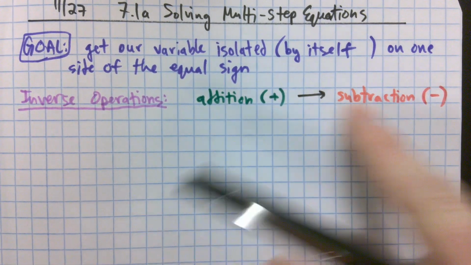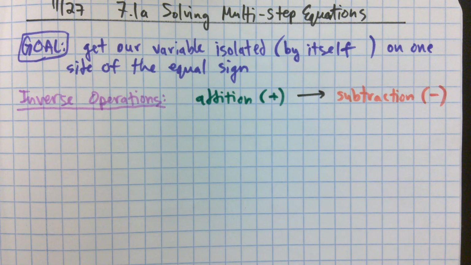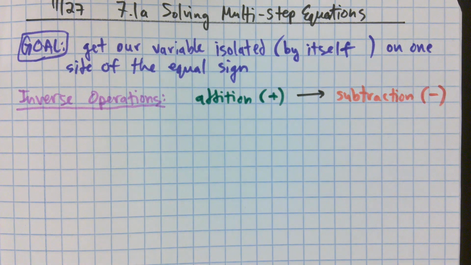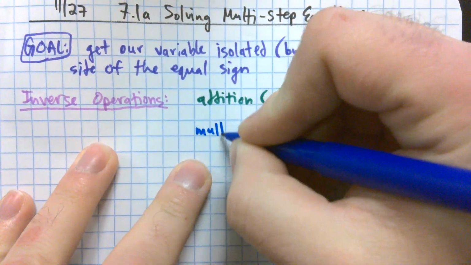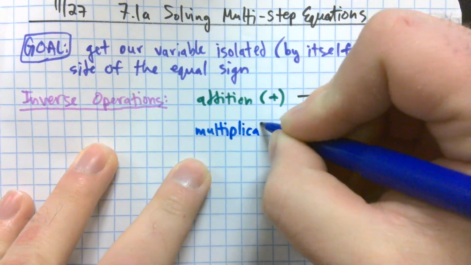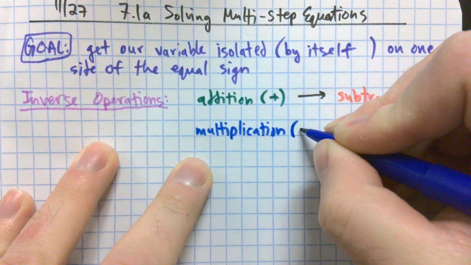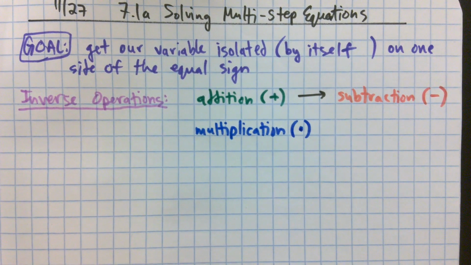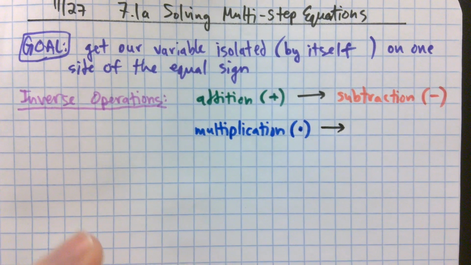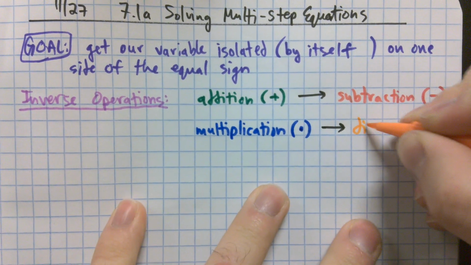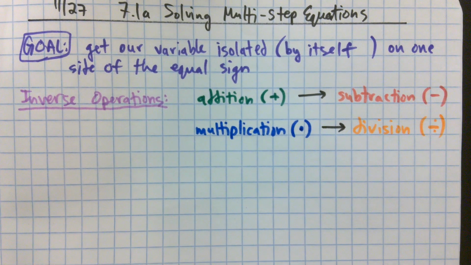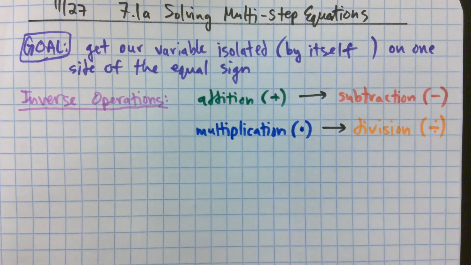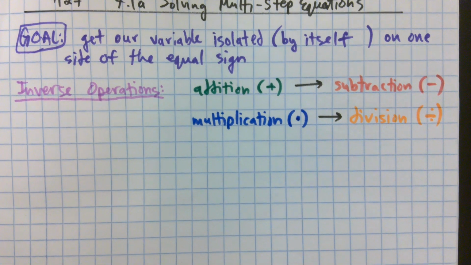What we want to do is subtract 4 from both sides. What if we're multiplying? What's the opposite or inverse of multiplication? Division. Exactly. I hate this division sign, but it's hard to make a little fraction.